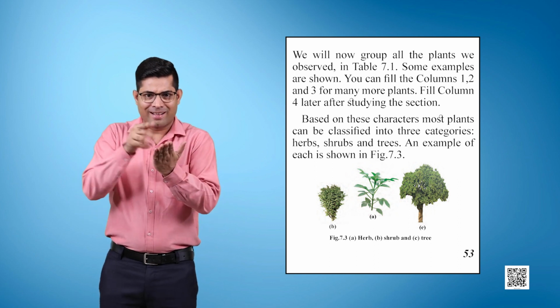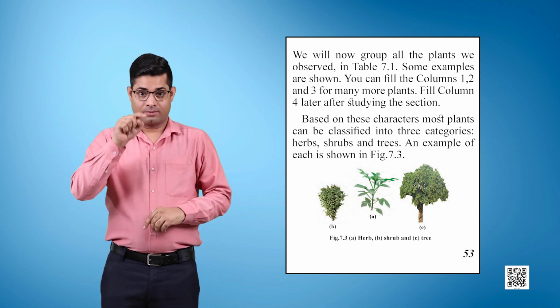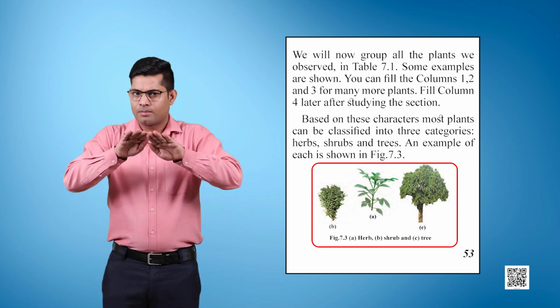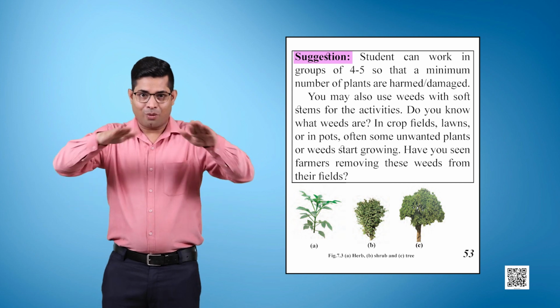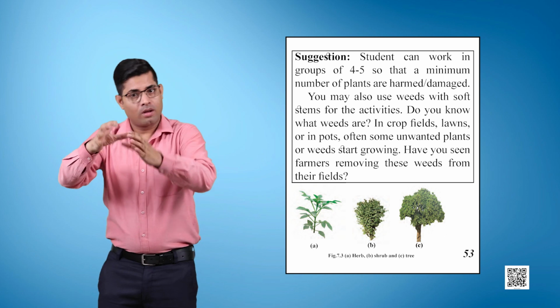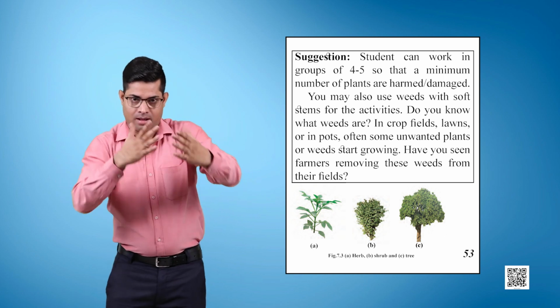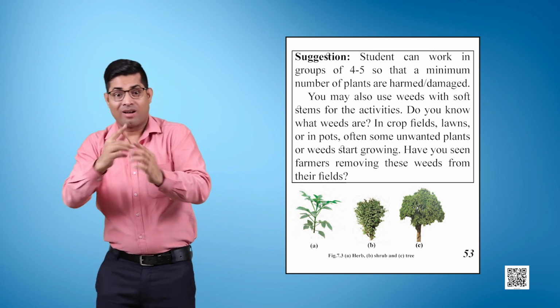An example of each is shown in figure 7.3. Suggestion: students can work in groups of 4 to 5 so that a minimum number of plants are harmed or damaged.